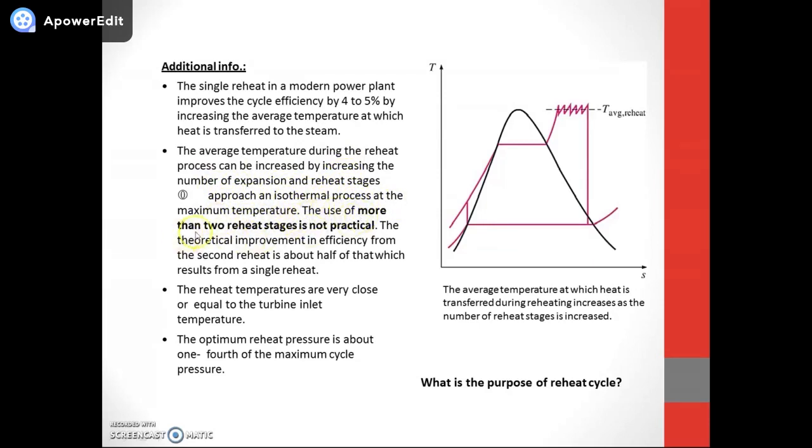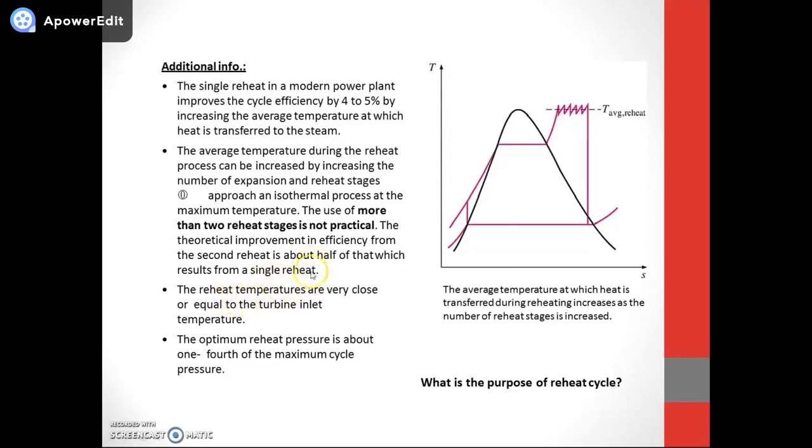So the use of more than 2 reheat stages is not practical. It doesn't mean that adding 2, 3, 4, 5 reheats makes it more and more efficient. It's not practical. The theoretical improvement in efficiency from the second reheat is about half of that which results from a single reheat.